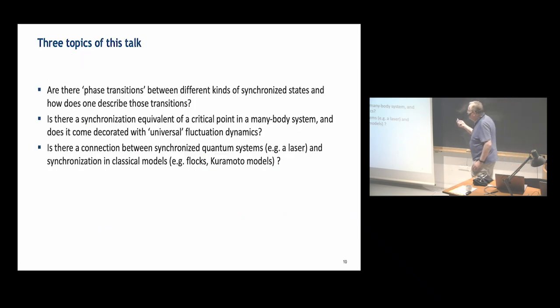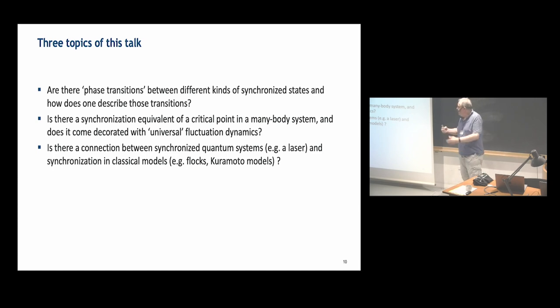So, the topics of the talk is, well, are there phase transitions between these? Of course, I just described something with two oscillators. We'd like to generalize that and think about something which in some sense has many oscillators. And can I make in a many oscillator system these different kinds of synchronized states?